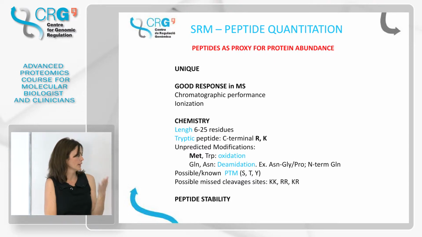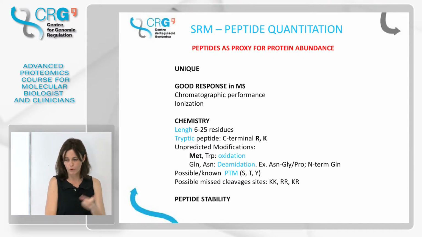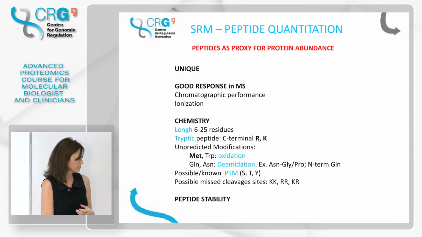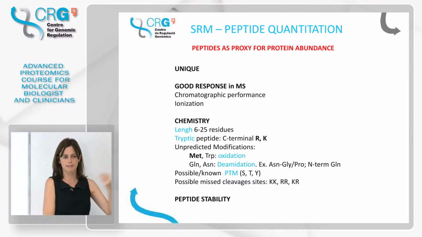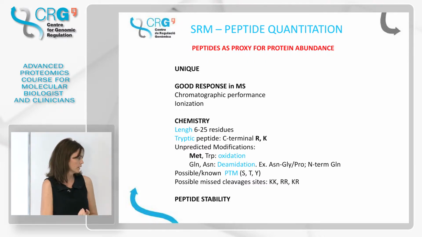We want to avoid unpredicted modifications. For example, methionines and tryptophans tend to oxidize, so if a peptide oxidizes, we will have both forms if we only monitor one. If we have a serine that is getting phosphorylated, then we won't know what we are monitoring.